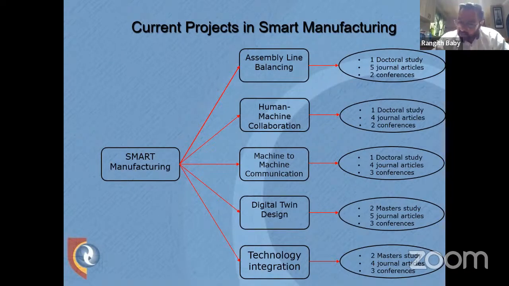And Mr. Mokalusi was involved in the technology integration, where he looked at the incorporation of blockchains into the smart water bottling plant.